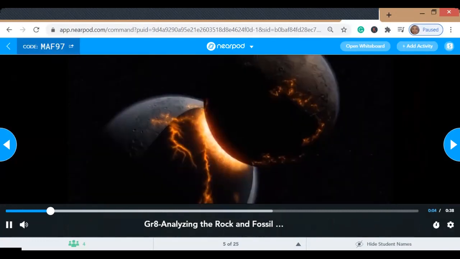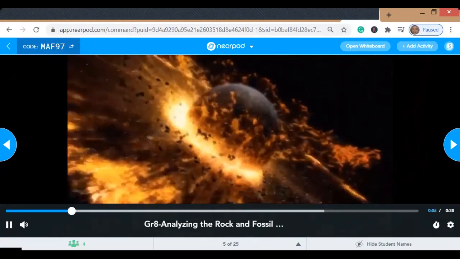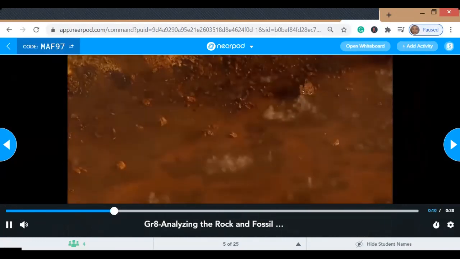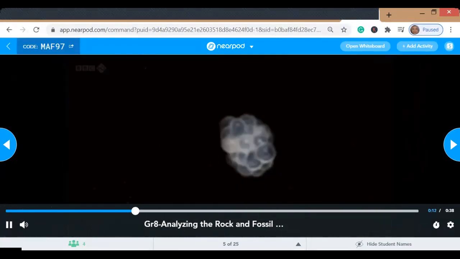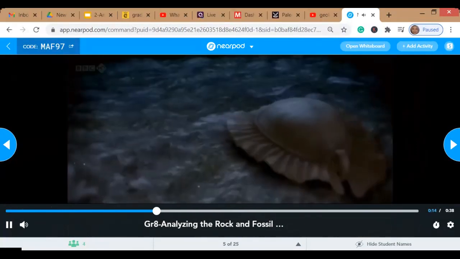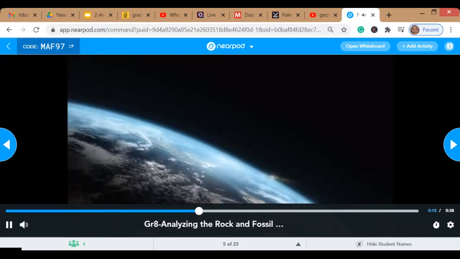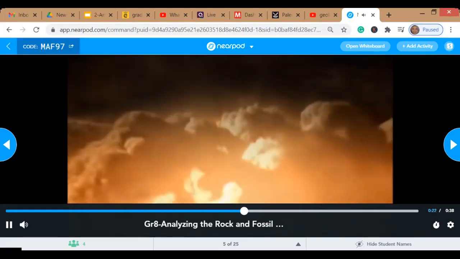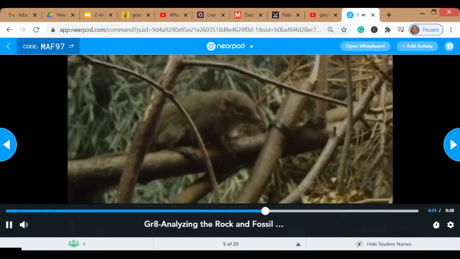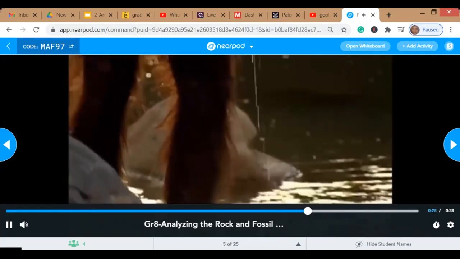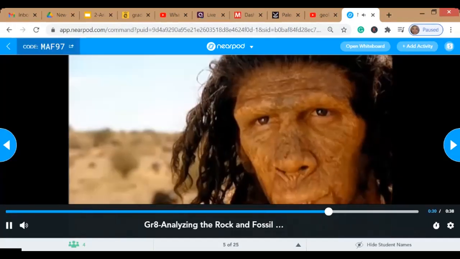You can see how the earth came into being, and many events over there at the beginning phase of the earth. And you can see here how many animals were there, and now we don't have more.